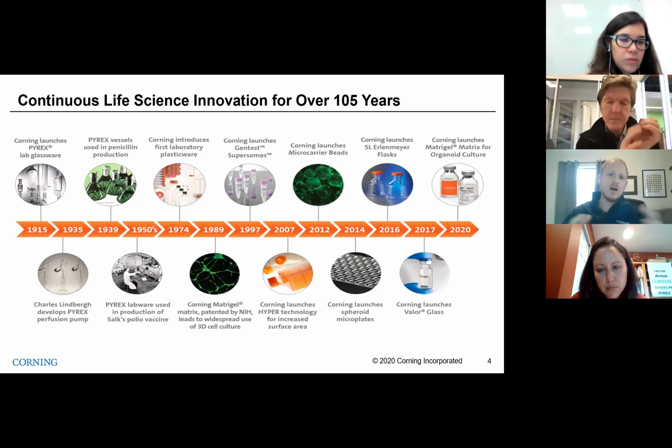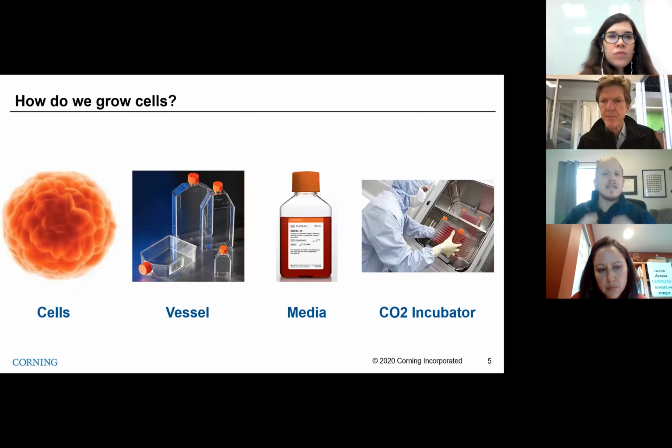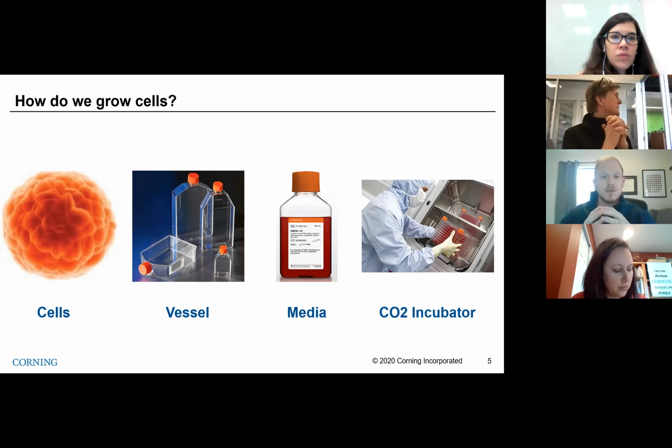So really a long history in cell culture. And so we're going to take that breadth of knowledge that has been developed over many, many years and apply that to some of the basics of cell culture and reducing contamination.